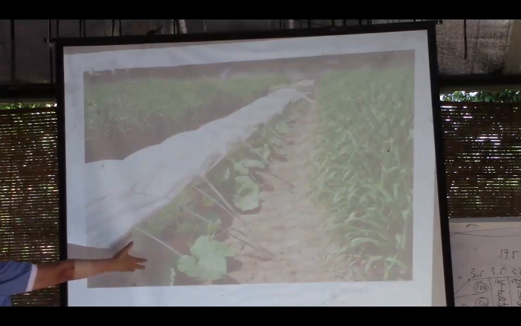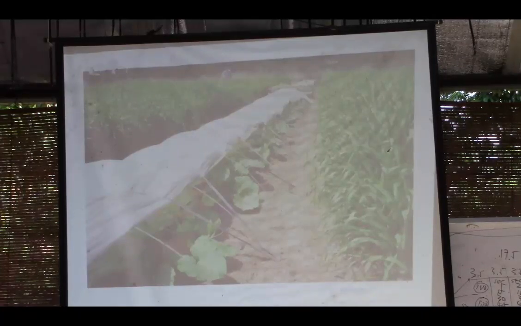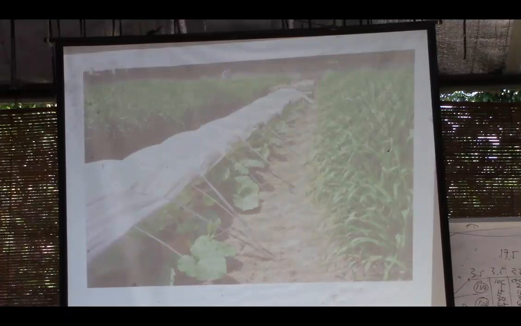They put the net halfway so that the plants will get used to direct sunlight. Because if you take it out immediately, the plants will be shocked from the direct sunlight. Stress. So halfway, for the plants to get used to the sunlight.